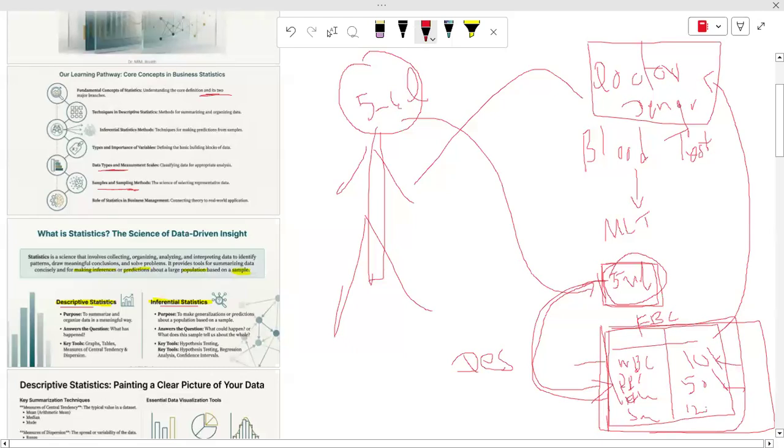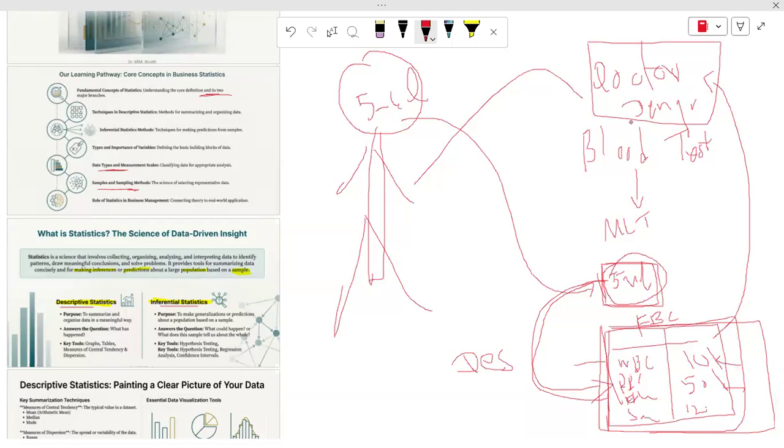The doctor may identify something, some symptoms that show you are under risk of dengue, right?